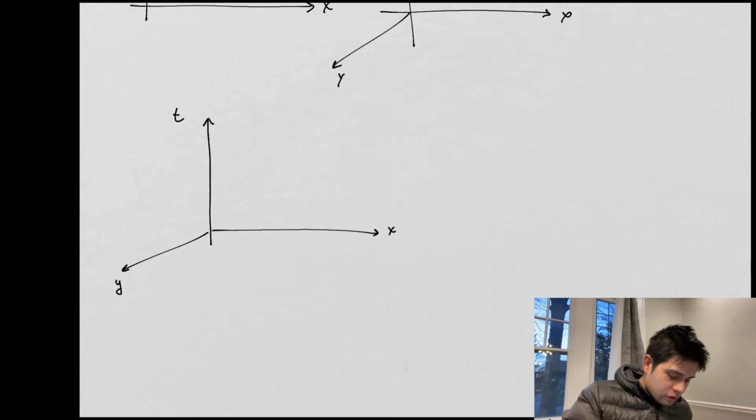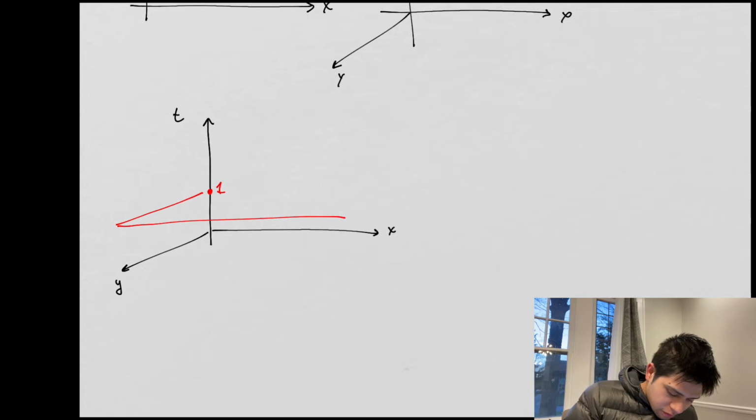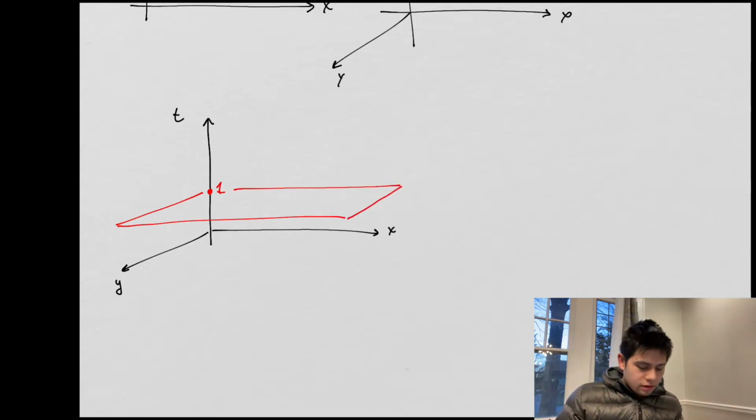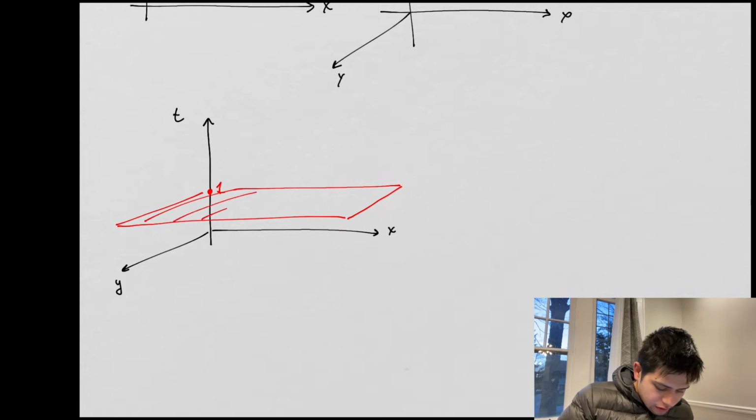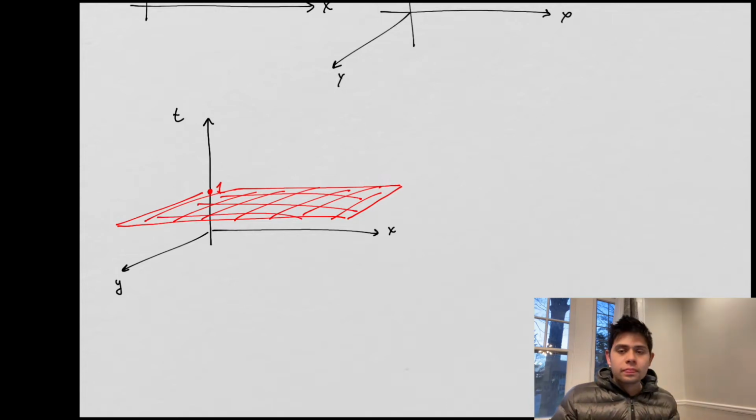spatial coordinates, right? So we get to think of this as, say, we take at time, say, 1, we have a plane that looks something like that, right? And this is our spatial plane.